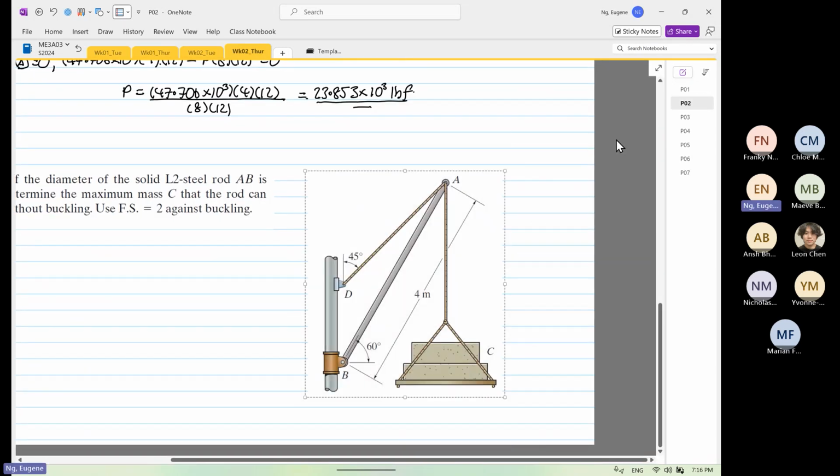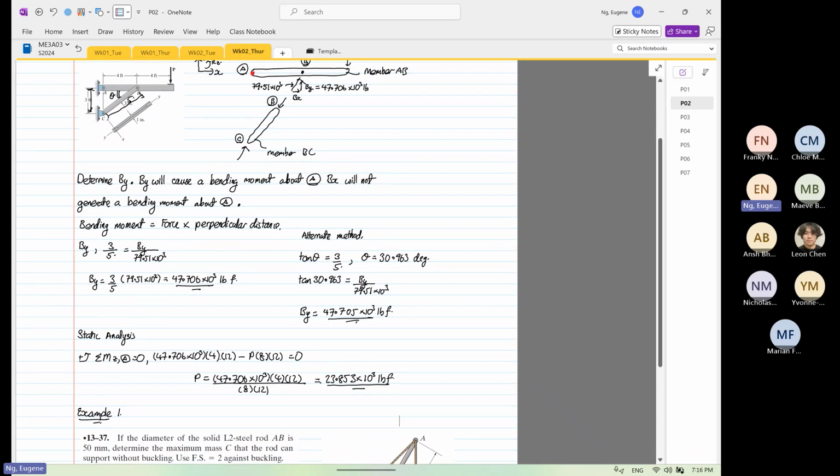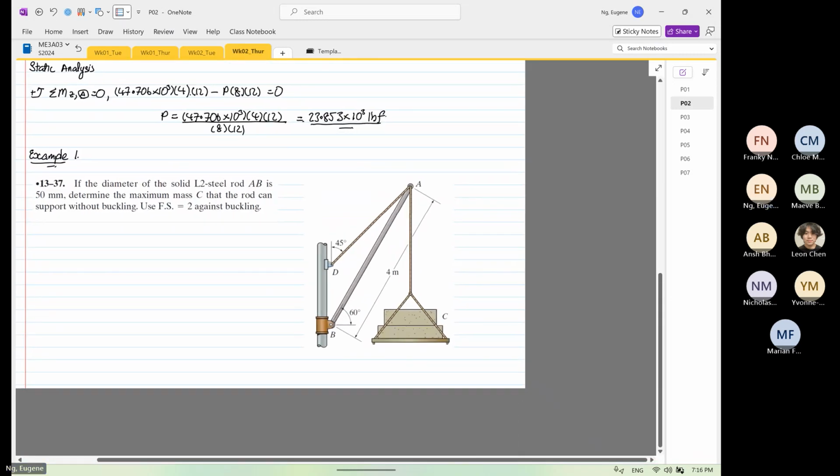Oh, before I go on, any question regarding this example I've just done? Anyone, please? Okay, I don't see anyone have any problem. I'm going to carry on with this example number 1.